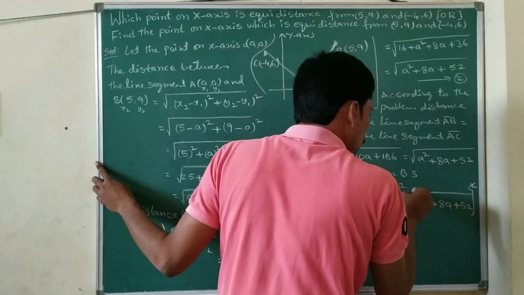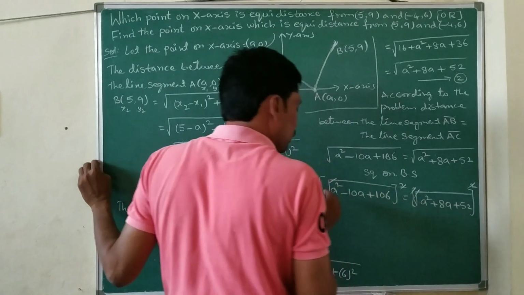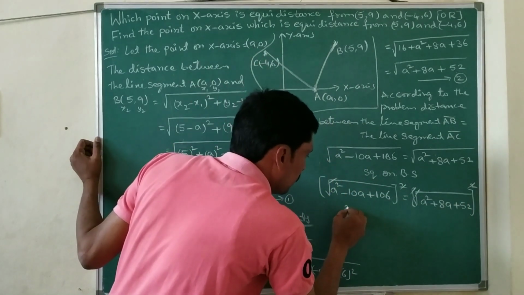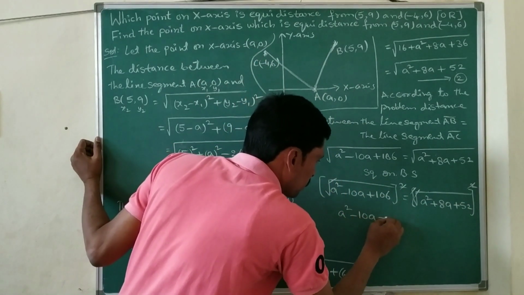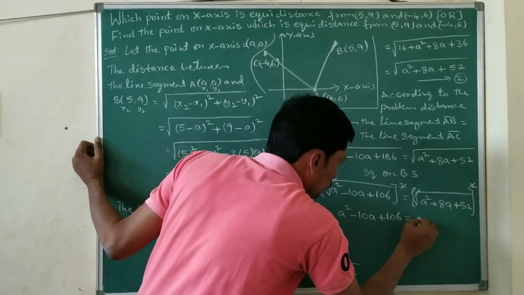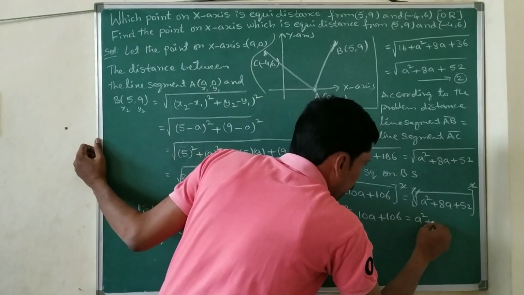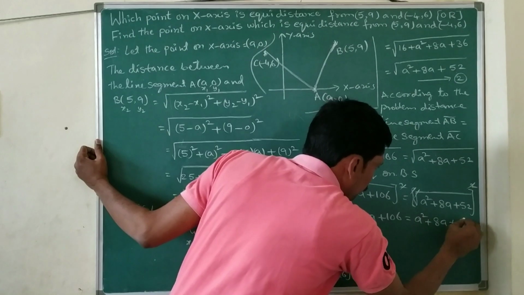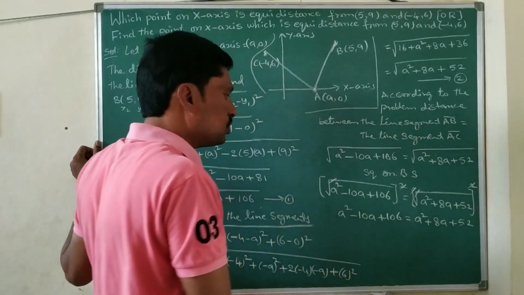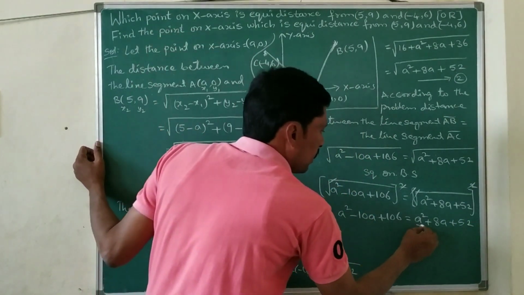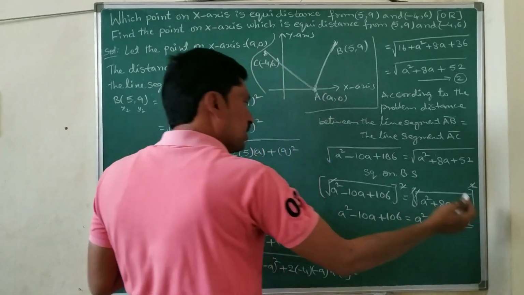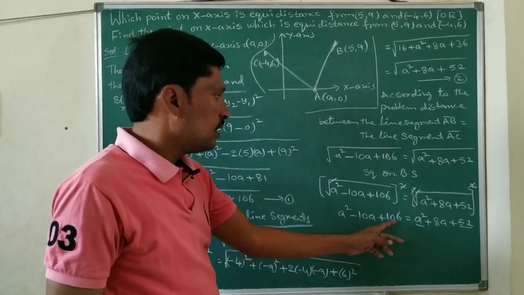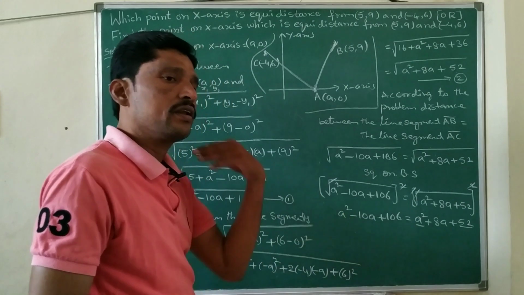Here the square root gets cancelled. What is remaining? a square minus 10a plus 106 equals a square plus 8a plus 52. Now we transpose a square and 52 to the left and 10a to the right.